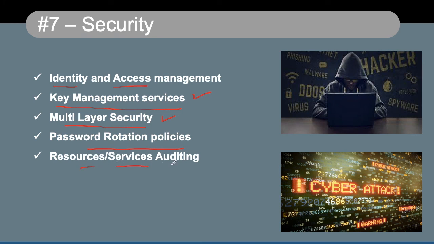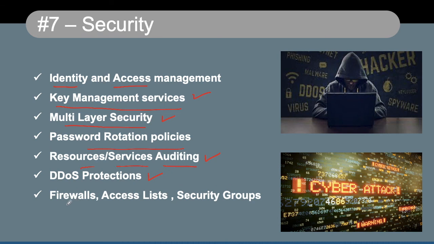Resource and service auditing, you have applications that keep auditing your resources or services, and those reports can be analyzed to make proper security decisions. You also have applications which give you DDoS protection and the like. Firewalls, access lists, security groups, they all add up to multi-layer security. Multi-layer security means you have a number of different mechanisms to provide security for your resources on the public cloud.